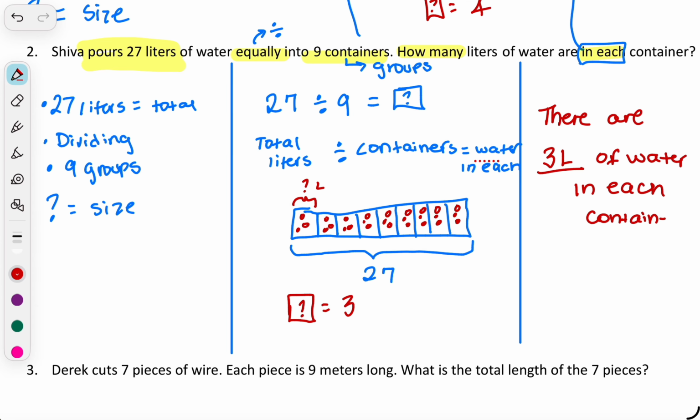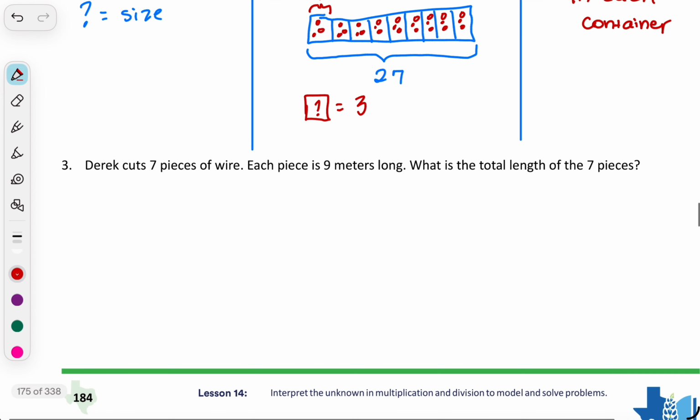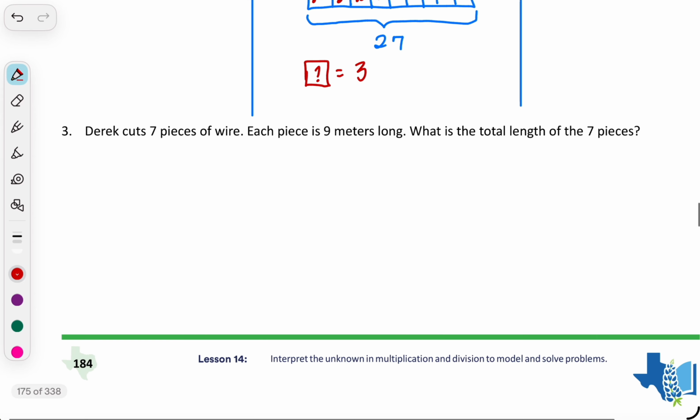Okay, so now that we know this, that is how we solved our word problem using the RDW strategy in 3 simple steps. And so we're going to do the same thing for question 3. Again, we're going to solve it in 3 simple steps and see what it is that we have to do. So I'm going to draw my lines here.